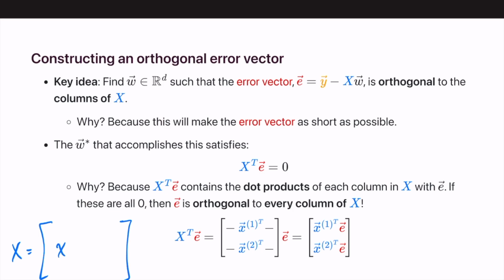We had X1 and X2, and so we took the transpose of that, and once we have that transpose, we're able to do that dot product of the E vector onto each of the individual X's that are also essentially transposed.